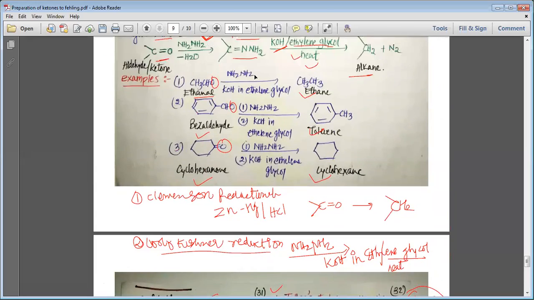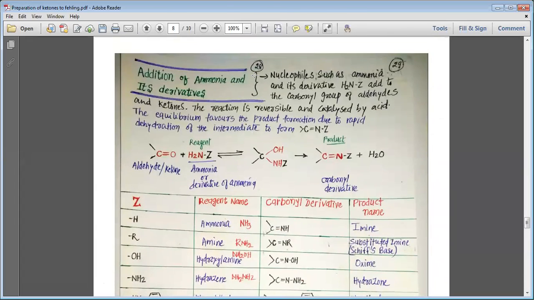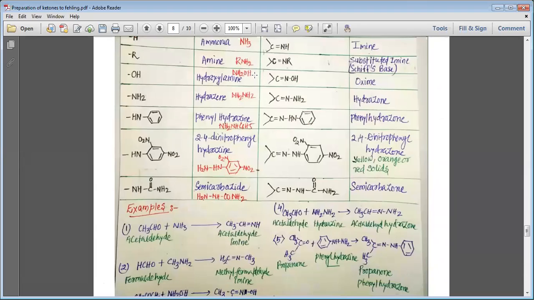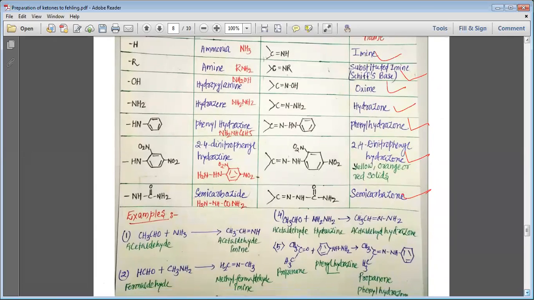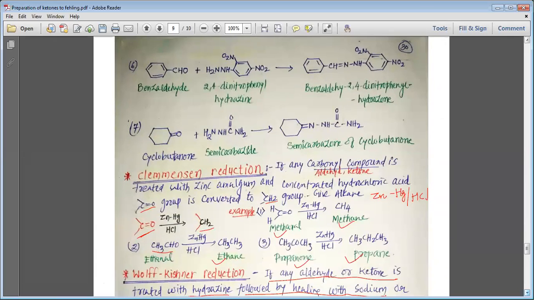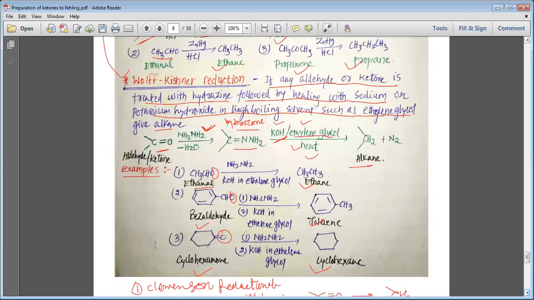Today we have started studying the addition of ammonia and its derivatives. We have seen that by the addition of ammonia and derivatives, we get imine or substituted imine, oxime, hydrazone, phenylhydrazone, and semicarbazone. In the same way, we have studied the Clemmensen reduction and the Wolff-Kishner reduction. Clemmensen reduction uses Zn-Hg with concentrated HCl as a reagent, whereas Wolff-Kishner reduction uses hydrazine as well as KOH in ethylene glycol.